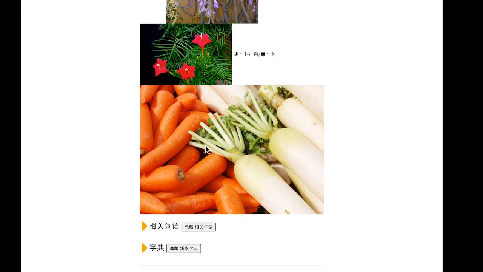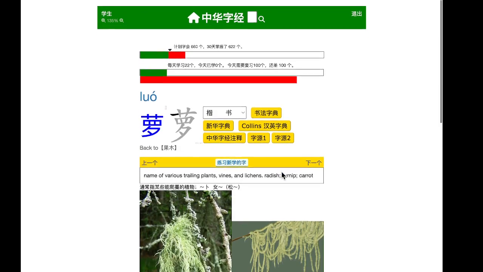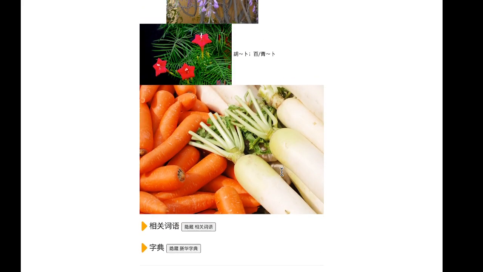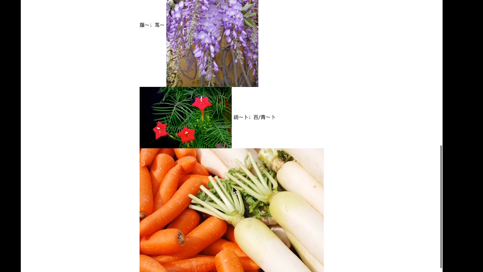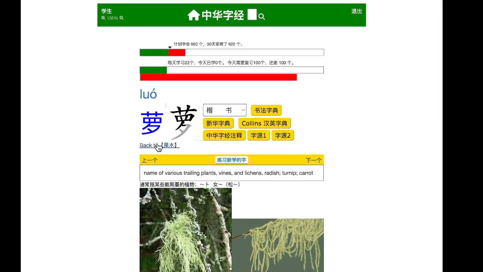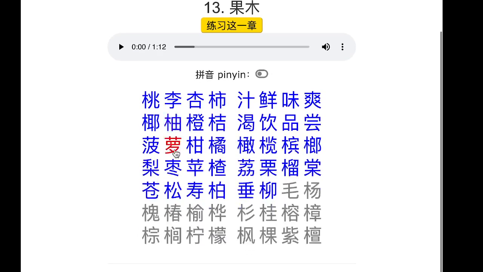These are not vines. Carrots are called 胡萝卜, and turnips, radishes, are called 白萝卜 for the white ones, and 青萝卜 for the green ones. 萝卜. So it's actually used for a variety of unrelated plants.